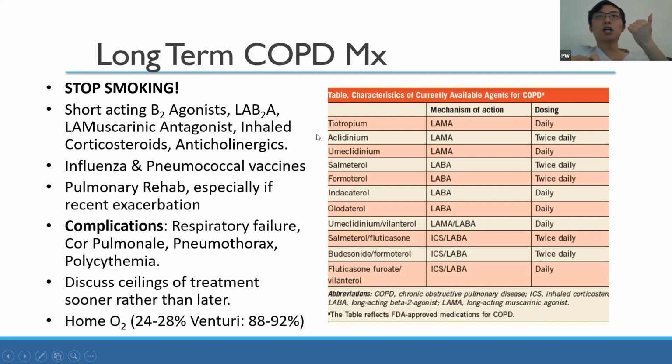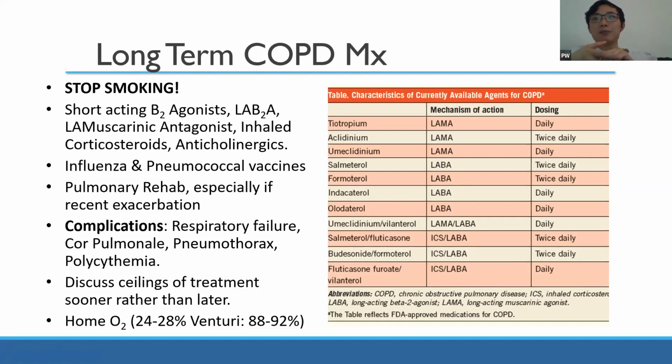There's similar treatments to asthma in terms of your short-acting beta agonists, which is your salbutamol. You can have your LABAs, which is your salmeterol and your formoterols, which have some mixed effectiveness. They can have an effect. It's a bit better than the salbutamols.